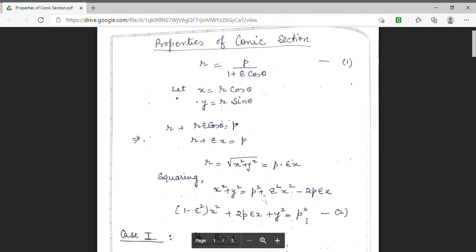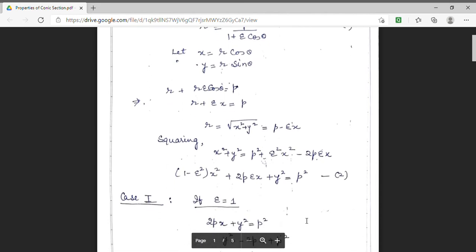Now I am deriving the various cases for the shape of conic section. In the first case, I am taking a situation when epsilon is 1. This is the general expression which will be further used depending on the value of epsilon to find the shape of orbit. So putting epsilon as 1, this factor will become 0.